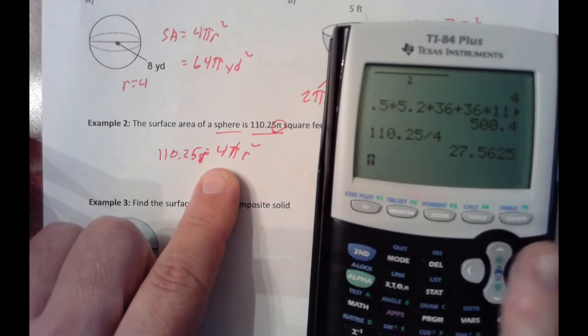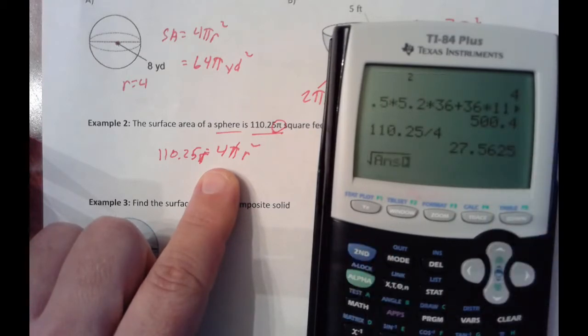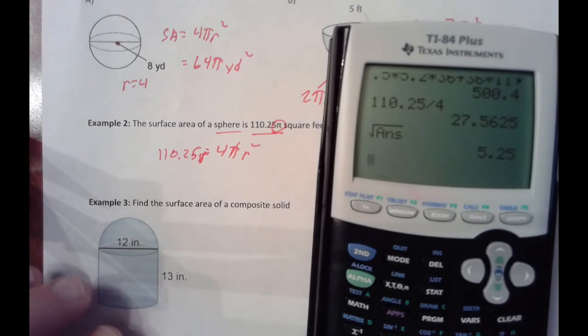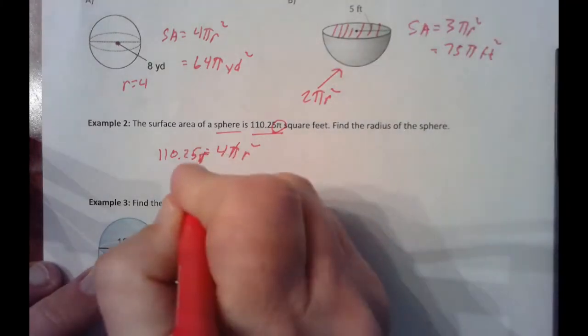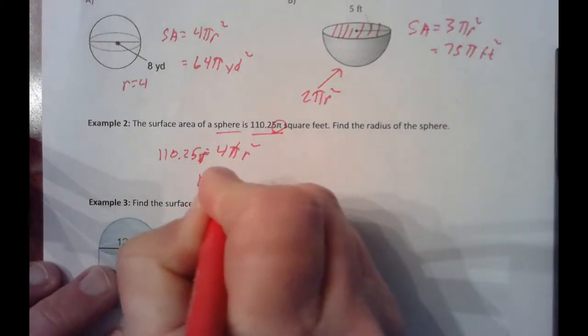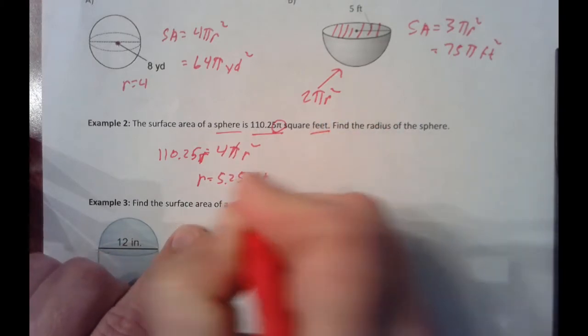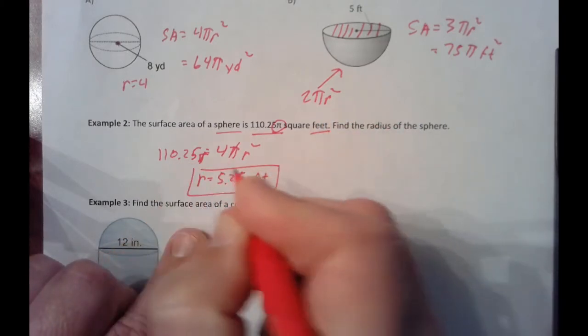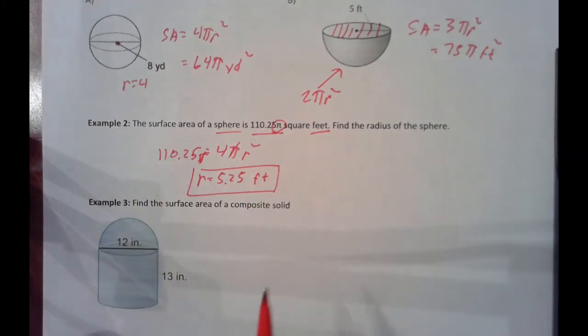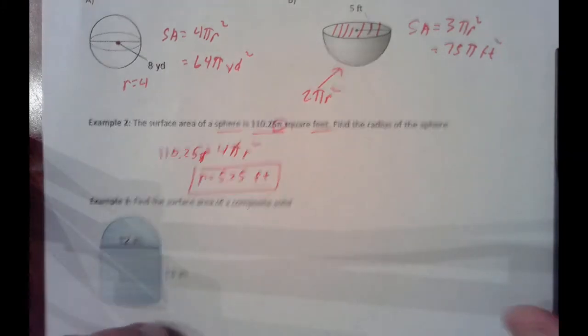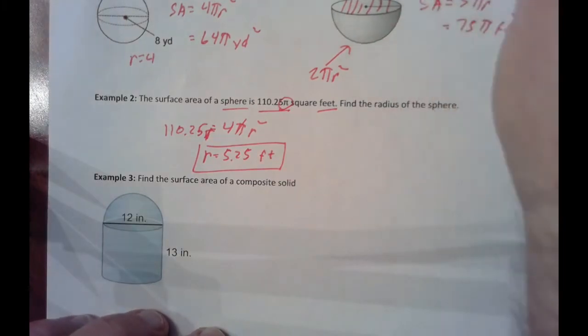And then I can take the square root of that answer. So then my r is 5.25. And radius is a straight distance, so then the units on there are going to be feet. You know, come Schoology quiz test, I love my units, and you know that'll be on there. So make sure you are looking for those ahead of time.